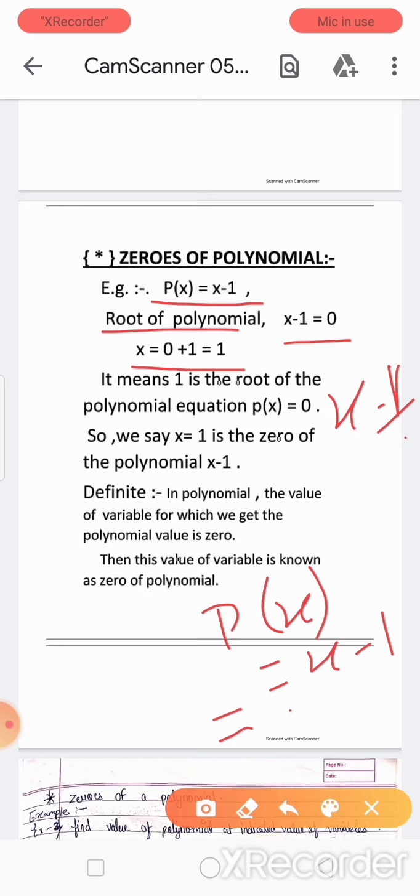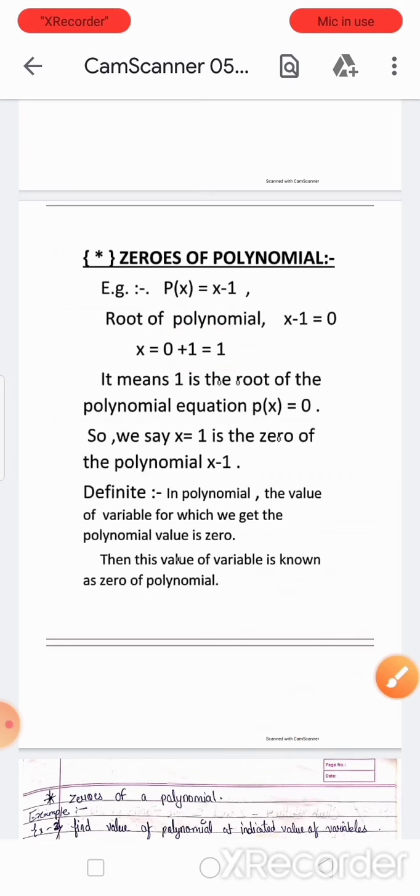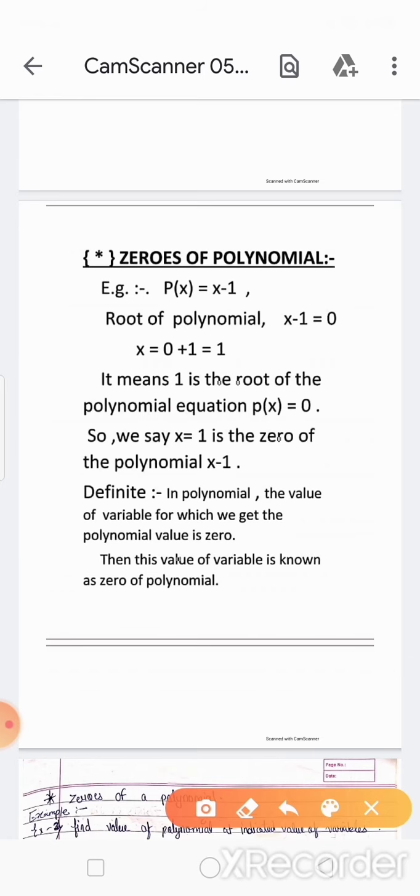The value of x is 1, and 1 minus 1 is equal to 0. Then we say that x equal to 1 is the zero of the polynomial x minus 1. So we define the zero of a polynomial as: the value of the variable for which we get the polynomial value 0 is known as the zero of the polynomial.